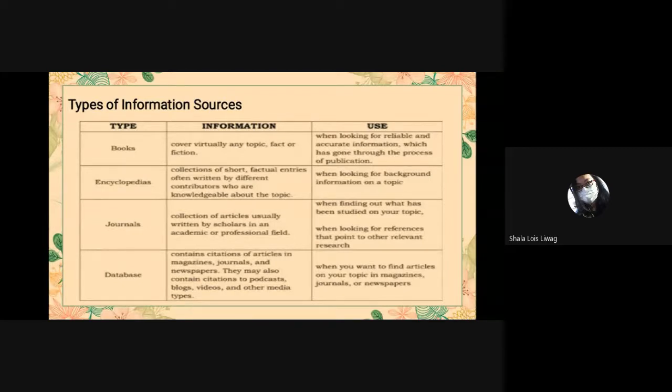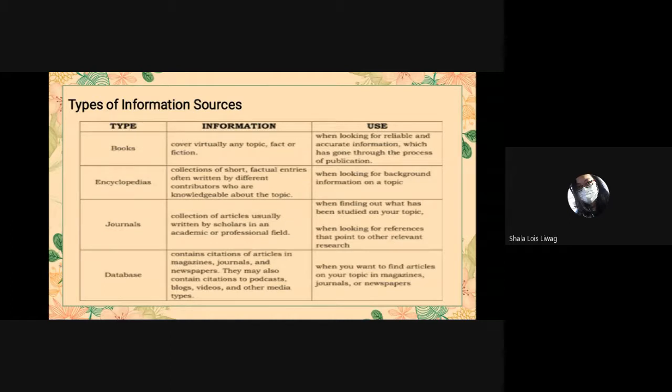Next is journals. Collection of articles usually written by scholars in an academic or professional field. It is useful when finding out what has been studied on your topic, when looking for references that point to other relevant research. Next is database.